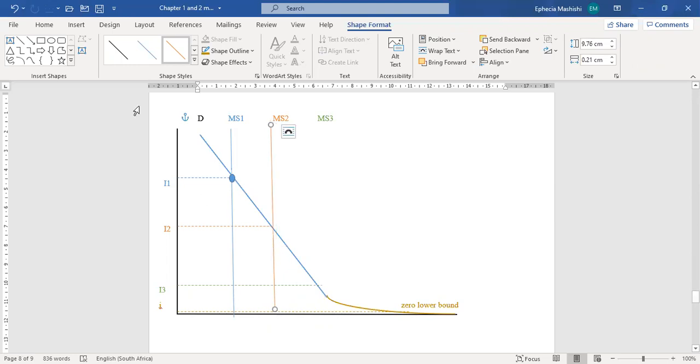Okay, so can you see that as the central bank increases the money supply, the interest rate also drops? We have our interest rate on our y-axis and we have money on our x-axis. So as the central bank increases the money supply, the interest rate drops.